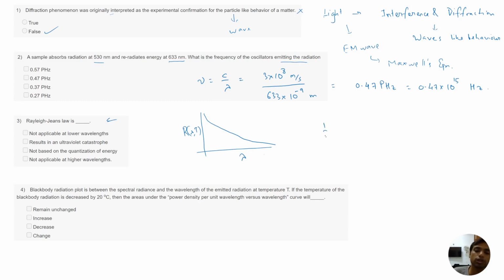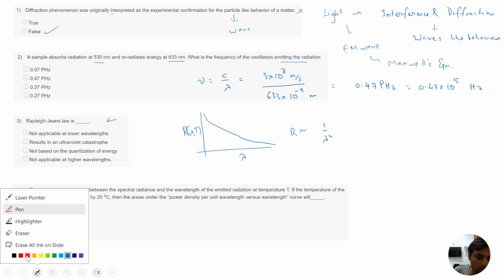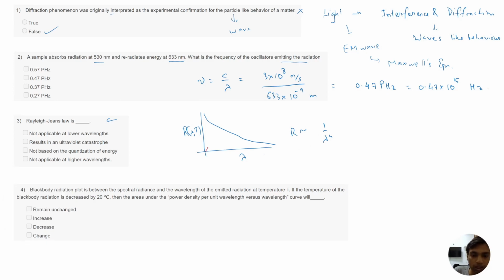It goes as 1 by lambda to the power 4 for a given temperature. But the actual spectral radiance experimentally observed is like this. So it is not applicable at lower wavelength, which is true.